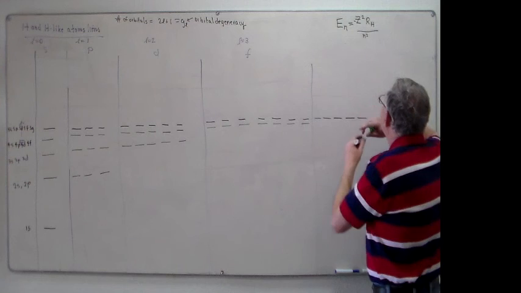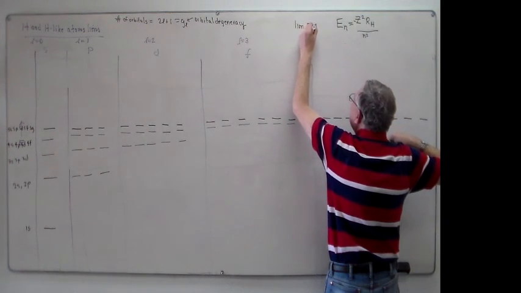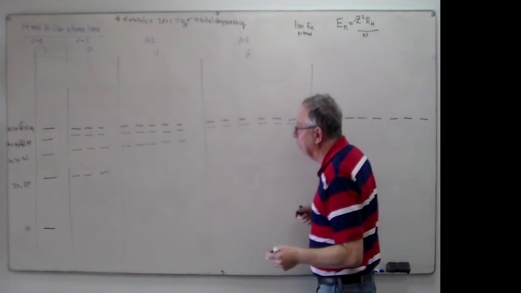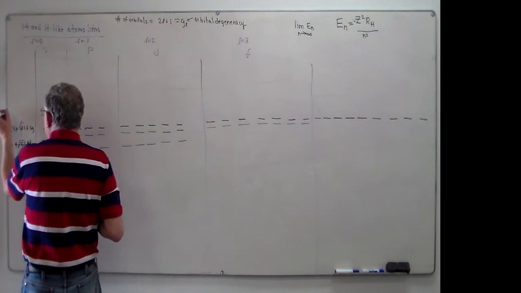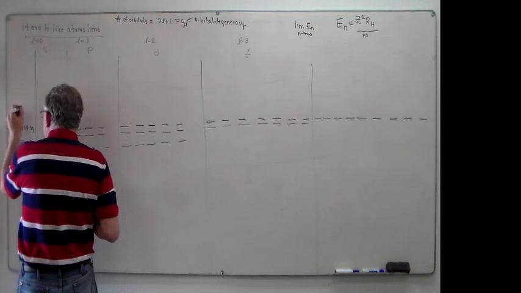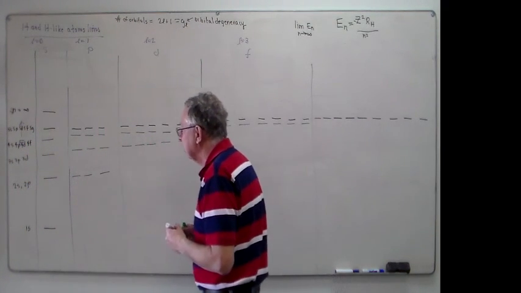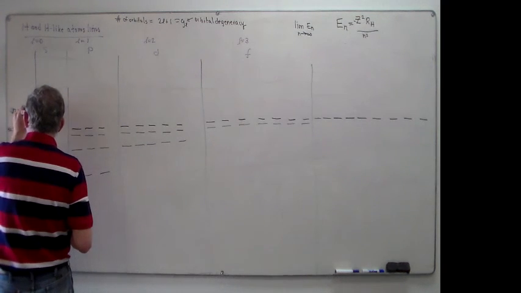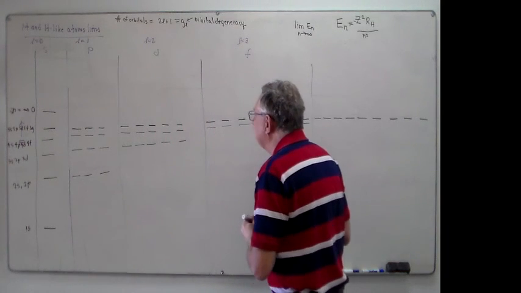What's the limit of E sub n as n goes to infinity? 0. That's right. So right here is n equals infinity, and there'll be a million things in there. You can't go above this. This energy is increasing, but n equals infinity is the 0. So all these are effectively negative energies.